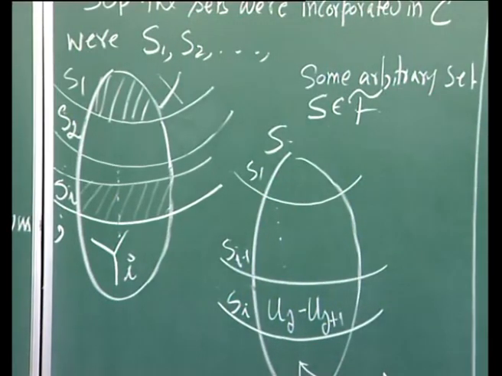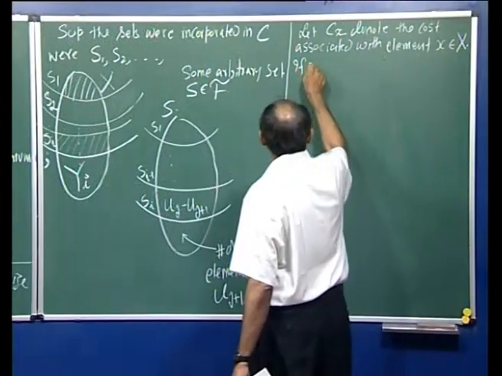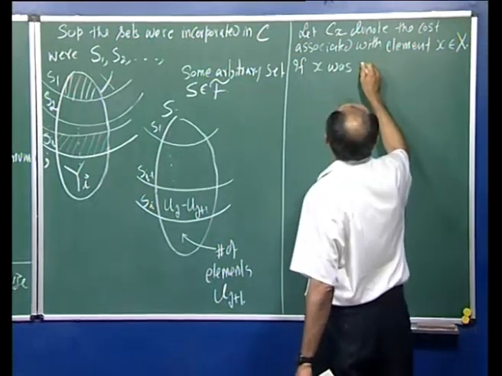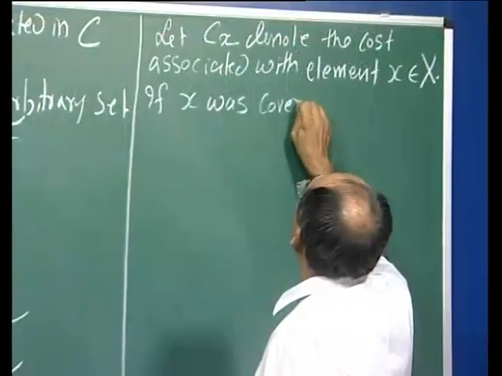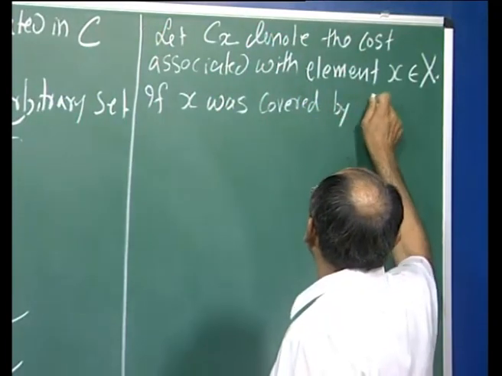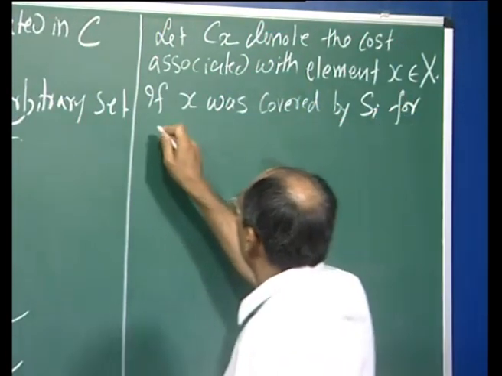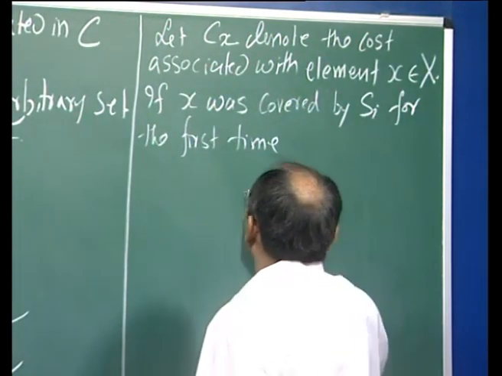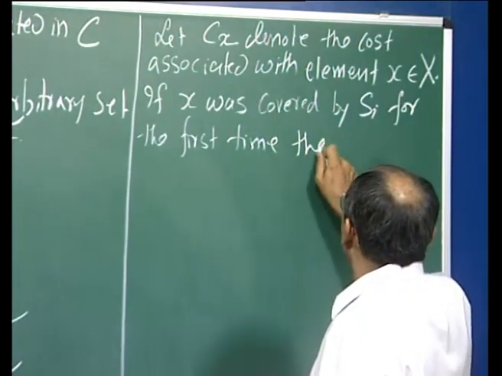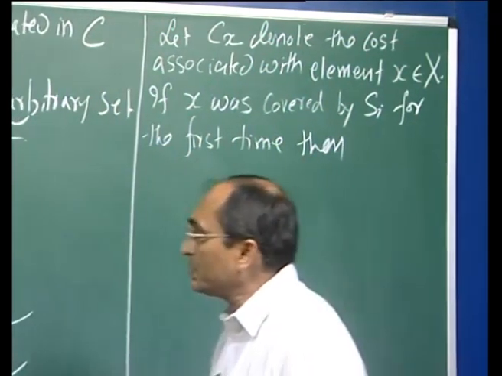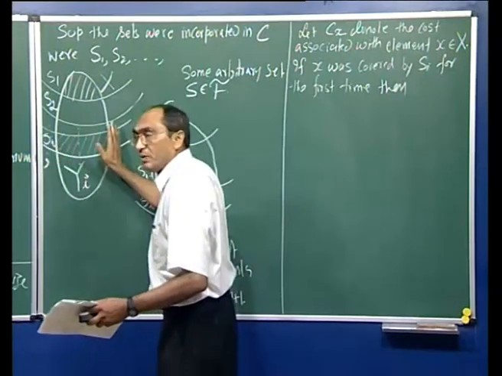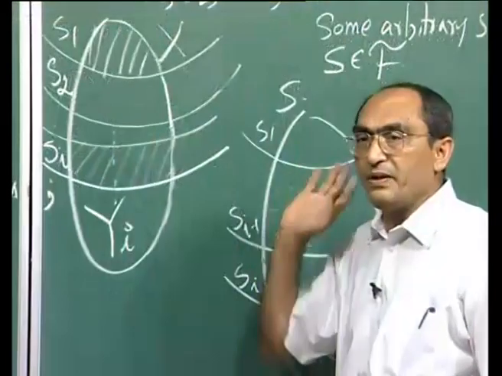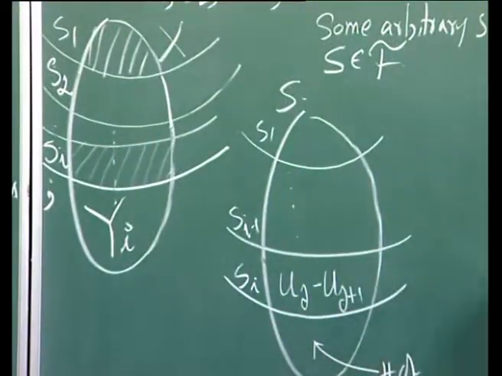So, if x was covered by Si for the first time, then that 1 unit cost was evenly distributed among all these elements. So, if there were 10 elements in this, then each will carry 1/10 units of cost.